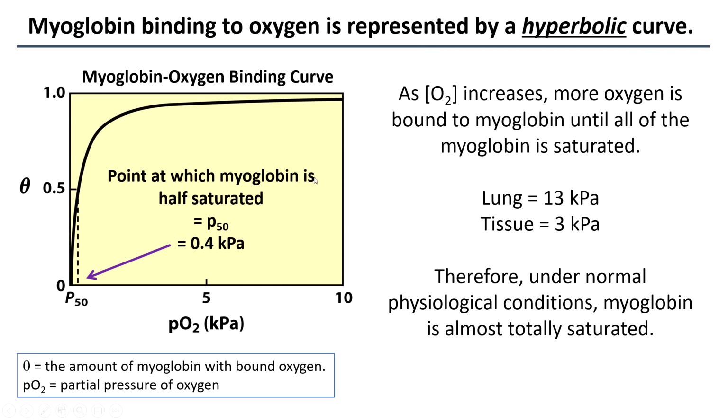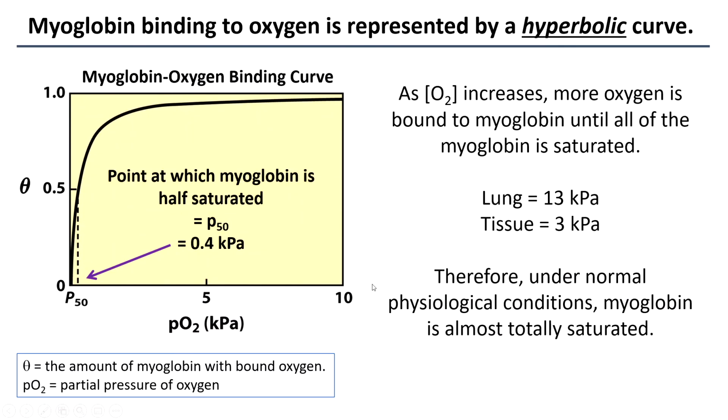So basically, as oxygen concentration increases on the x-axis, more oxygen is bound to myoglobin until all of the myoglobin is saturated, and it does so at a very fast rate. So you can see the slope here is very steep. And so what this is telling us is that myoglobin binds oxygen with very high affinity.